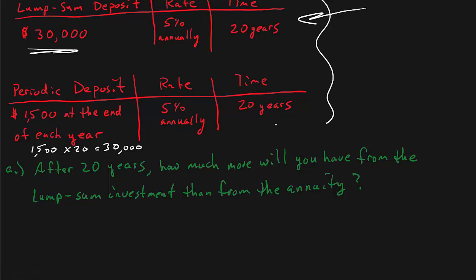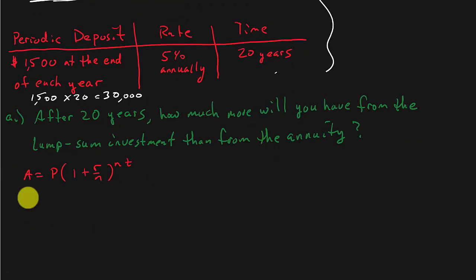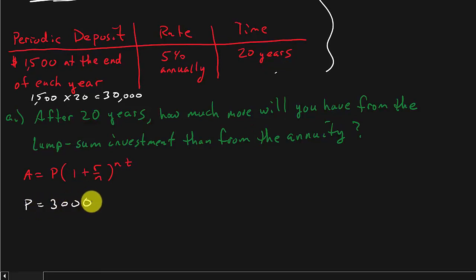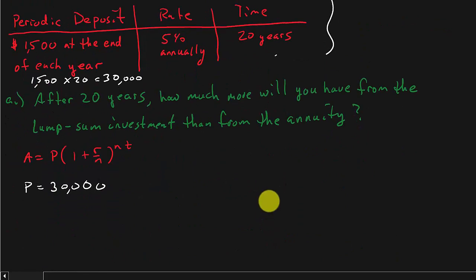So the lump sum, now this is compounded annually. So let's write our formula down. A is equal to P times (1 plus R over N) raised to the NT. In this problem, P is equal to the $30,000. We're working the lump sum deposit right now. R was 5%, so 0.05.